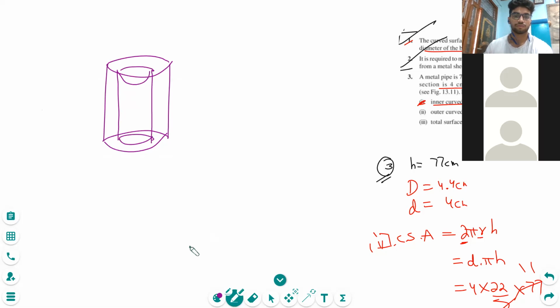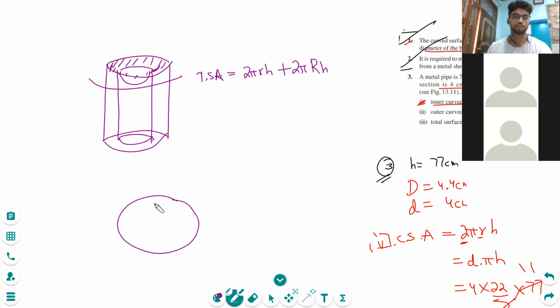The first thing for the total surface area is the inner curved surface area, that is 2 pi rh, and the outer curved surface area, that is 2 pi RH, capital R H. Now if we talk about this thickness, we can calculate this thickness as well. How come? Let's chop this off and view it from above.